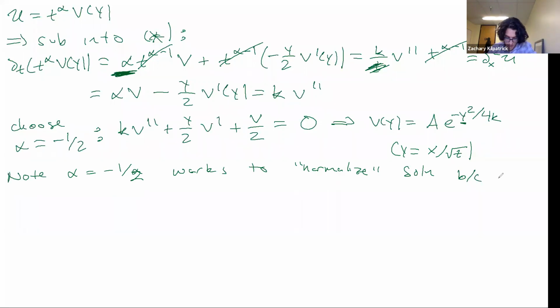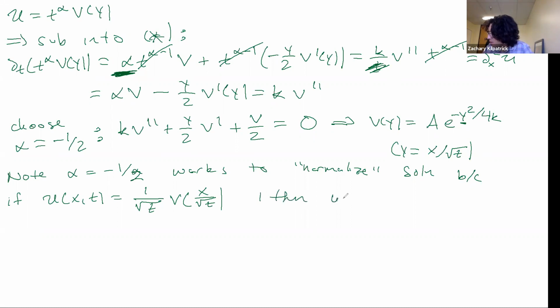Because if we take u of x,t equal to 1 over the square root of t times v of x over square root of t, then what does normalization ensure? It ensures that whatever the integral of u is at the beginning of time is not going to change, so its derivative with respect to t should be zero.